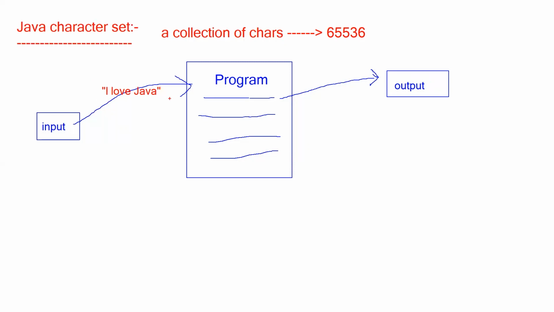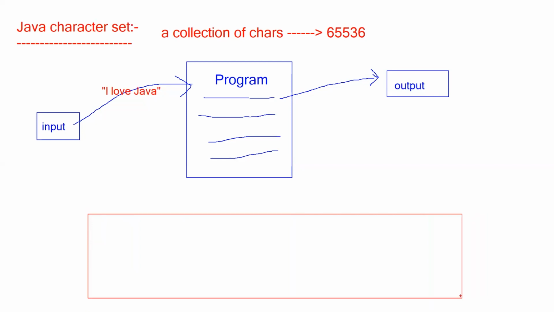Then these characters, this program has to store somewhere. Let us assume that this program has some memory, and this is a memory area. In this memory area, it has to store those characters. For example, it got "I love Java" and it has to store this data.